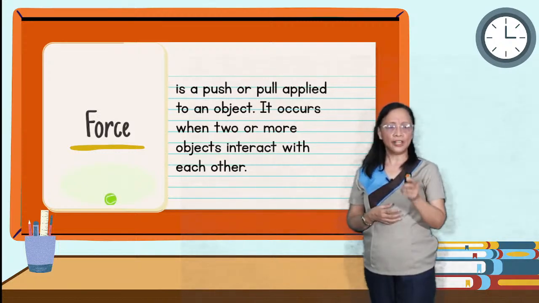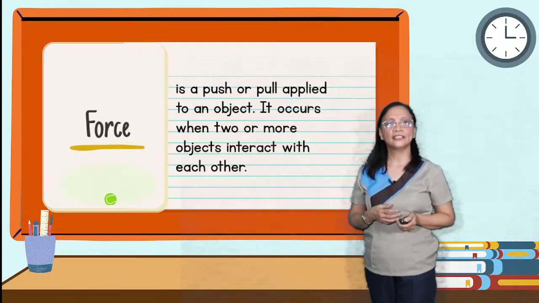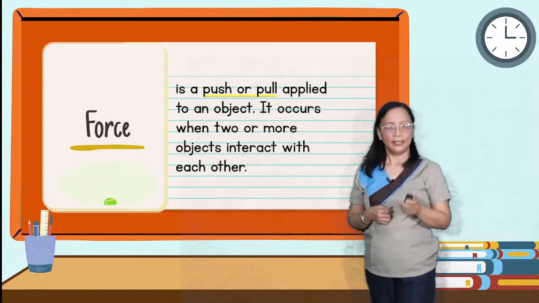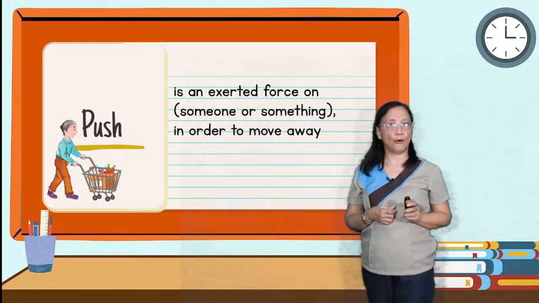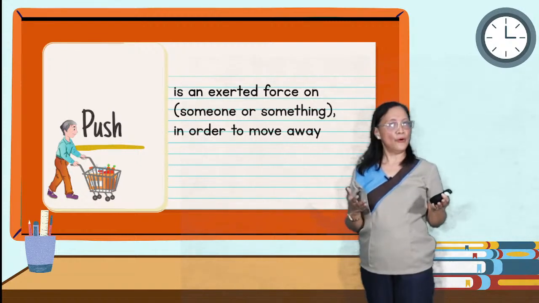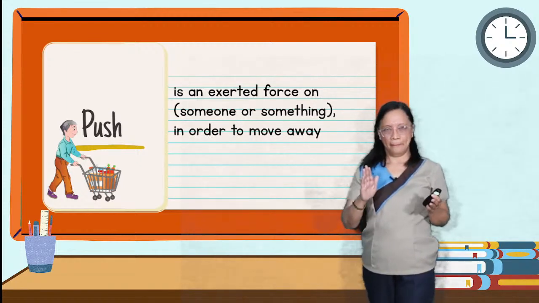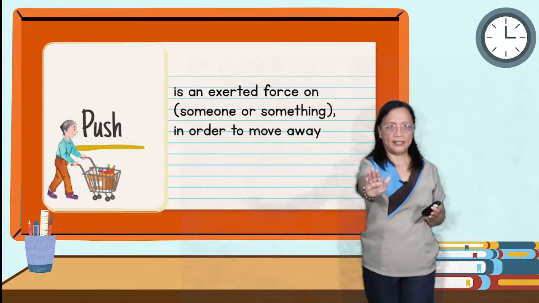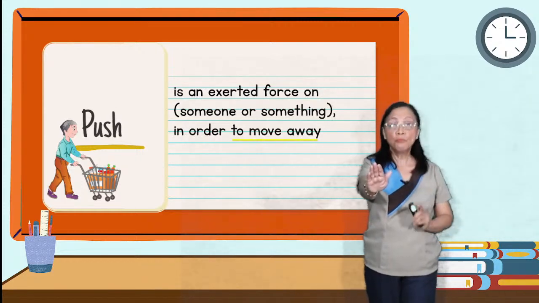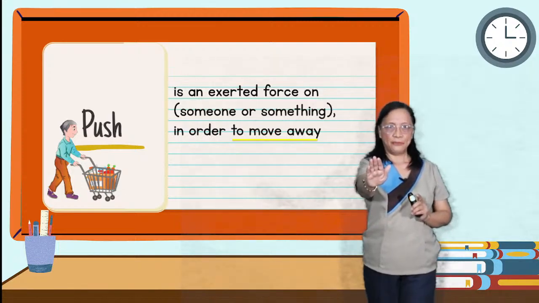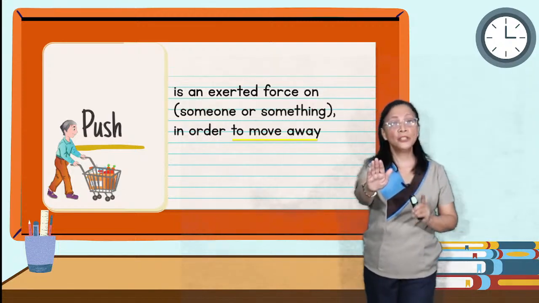I want to underscore the words push or pull. Now, what is push? Push is an exerted force on someone or something in order to move away. Take note, let me underscore the words to move away. We call it push.